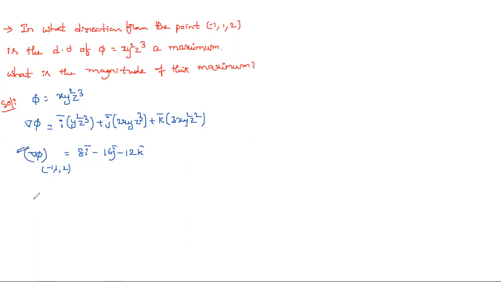And the magnitude of this is nothing but modulus del phi, which you need to calculate. That is the square root of 64 plus 256 plus 144. So this is equal to square root of 464. That's it. Okay. So these are the different problems on directional derivative.